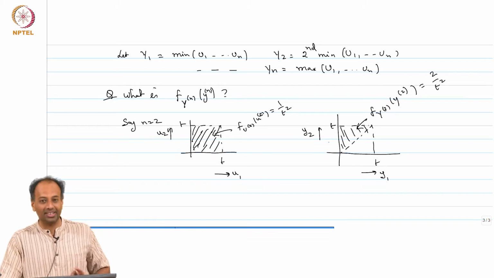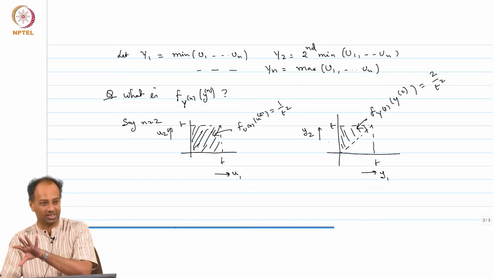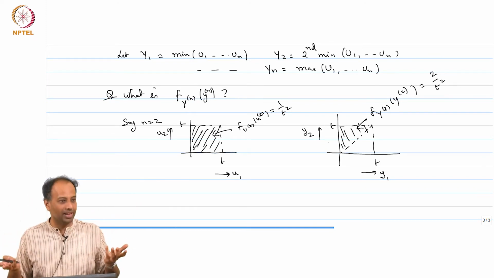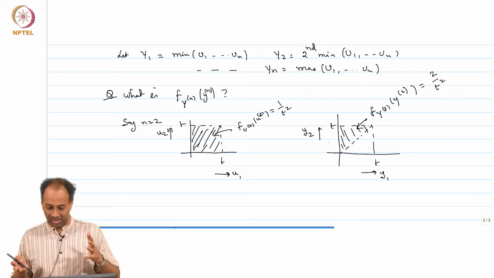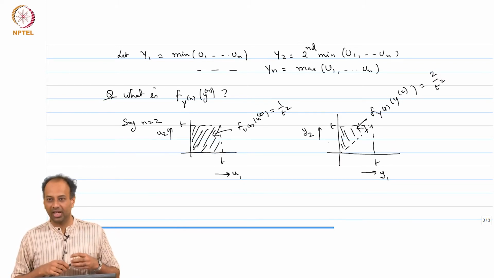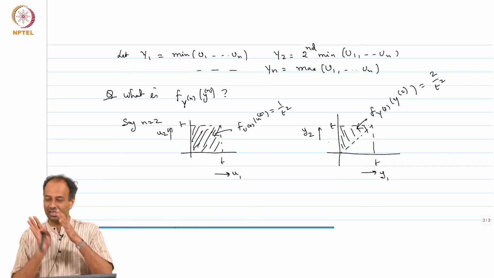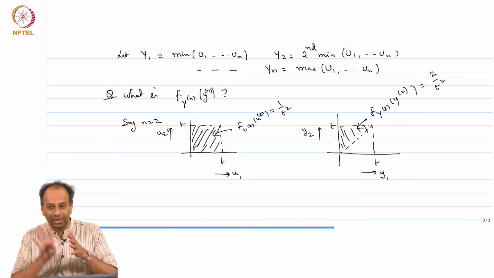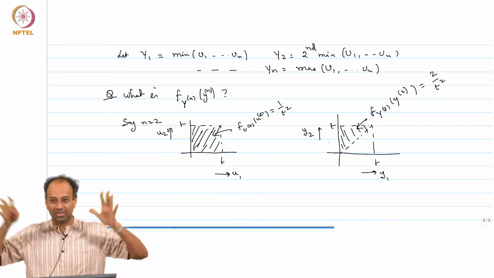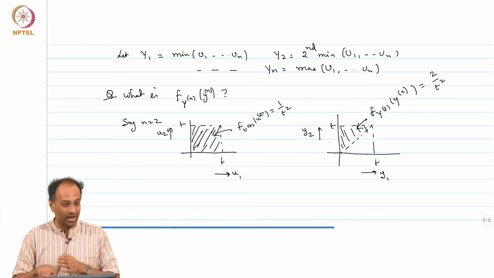So, this is exactly what is happening with n random variables, except now there are n factorial possibilities. Let us say u1 through un can be in any one of the n factorial orders, and the joint density is of course constant 1 by t to the n. Corresponding to each one of these n factorial orderings, there is only a 1 by n factorial fraction of the n dimensional hypercube which will be occupied, just like there is only a half of the square that is occupied.